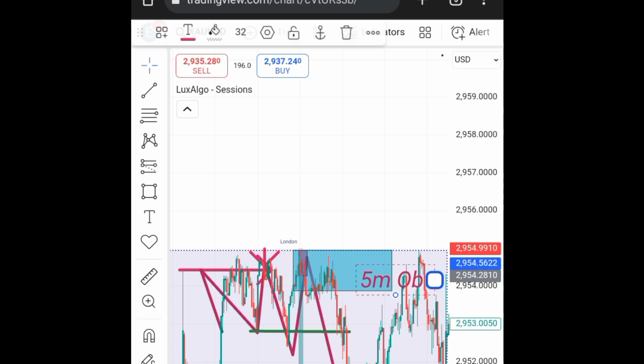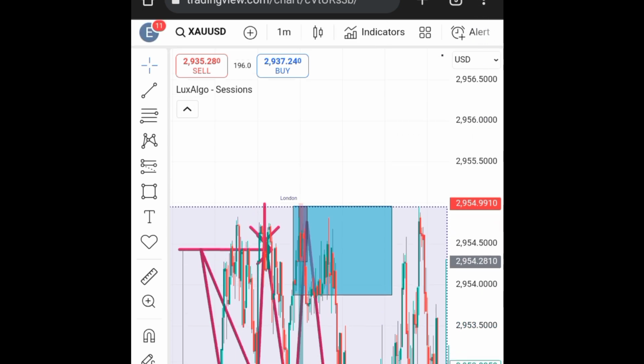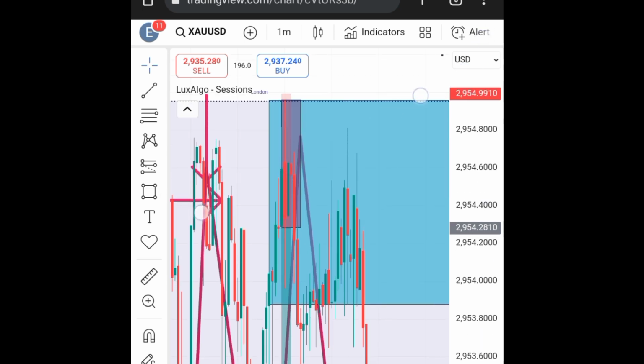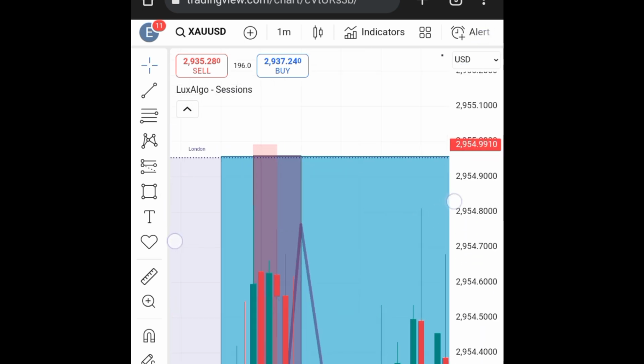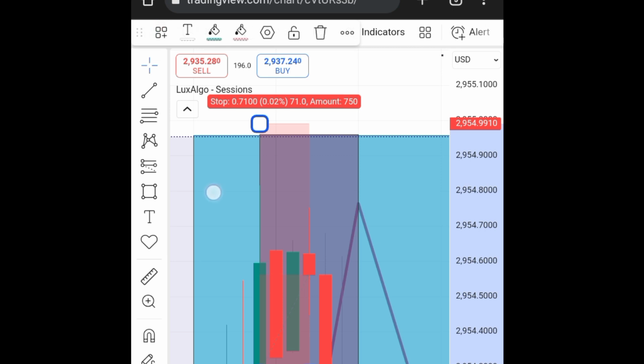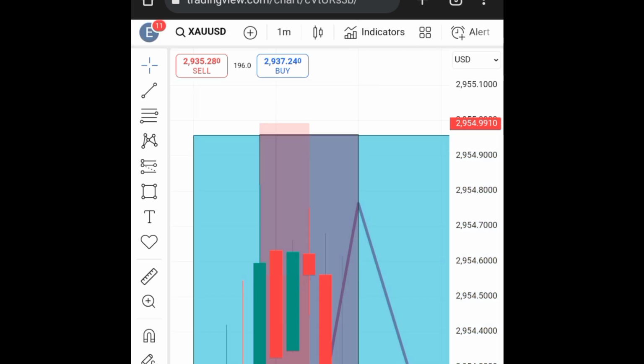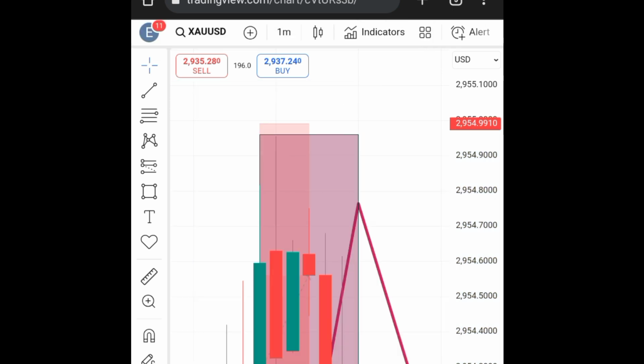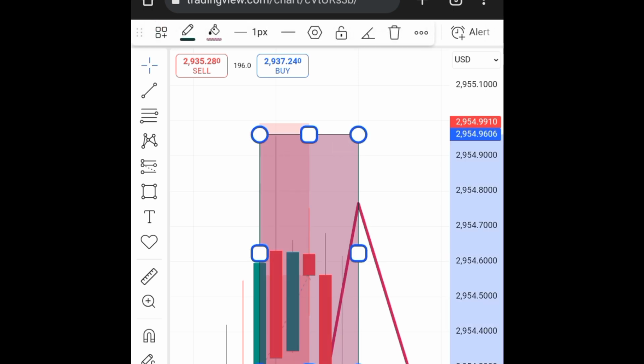But there is another way you can trade this. Upon this market coming into your 1 minute zone, let me remove the 5 minute OB. So let's deal with only this one.